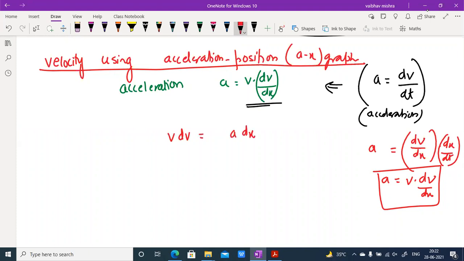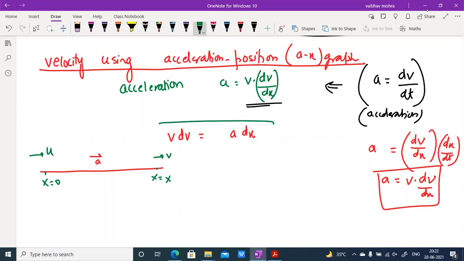This is by cross multiplying. So if a particle is having an acceleration of a and starts from x equals to x1 maybe, or x equals to 0 to final position coordinate x, initial velocity was u and final velocity is v. So this differential relation we first have to find, and then the second step is we need to do the integration with the proper limit.